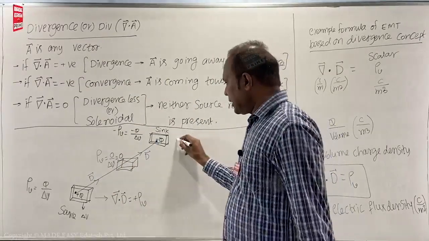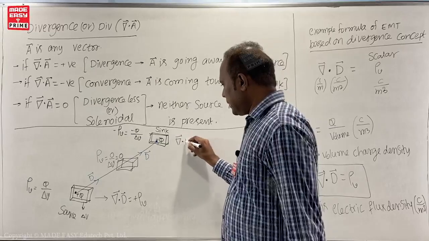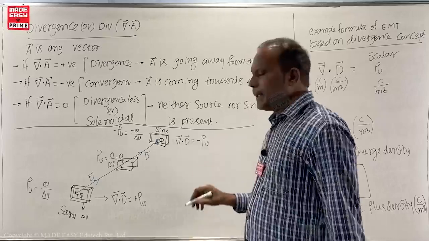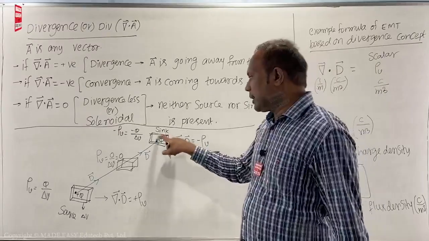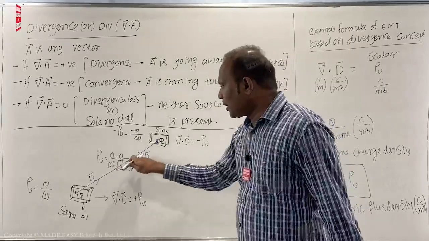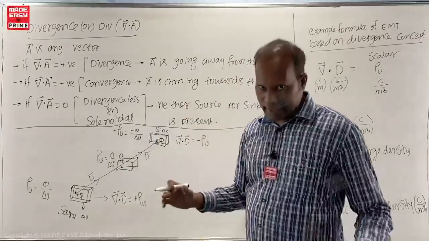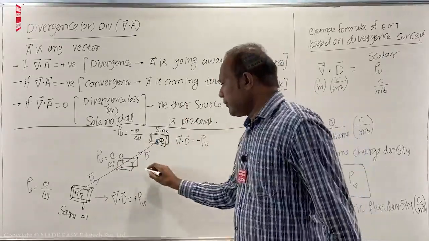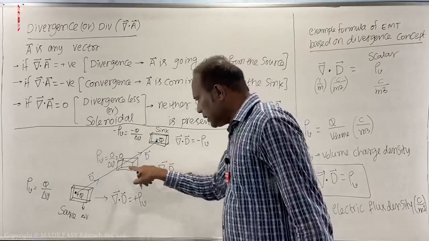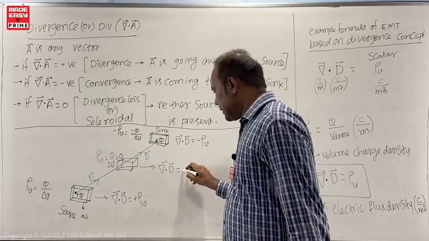If you take the divergence of D at this location, then the answer is minus rho V. It means a sink is there, so D bar comes towards that sink and ends there.